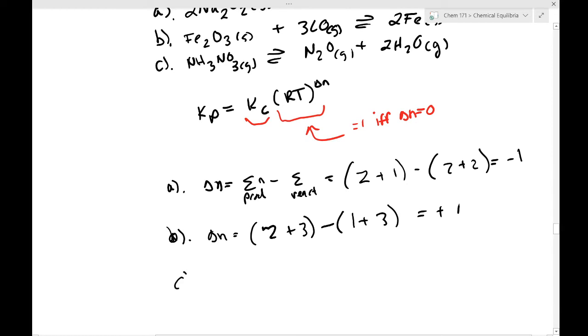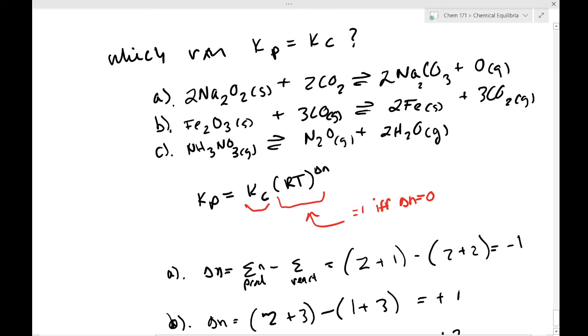Let's look at C. Delta N equal 2 plus 1 minus 1 is equal to +2. So it turns out that none of these have Kp equal to Kc.